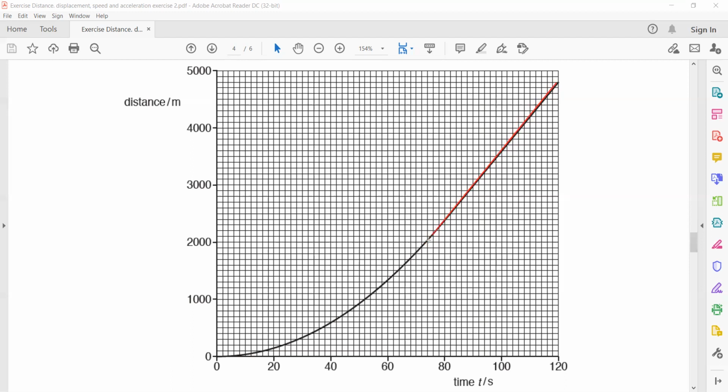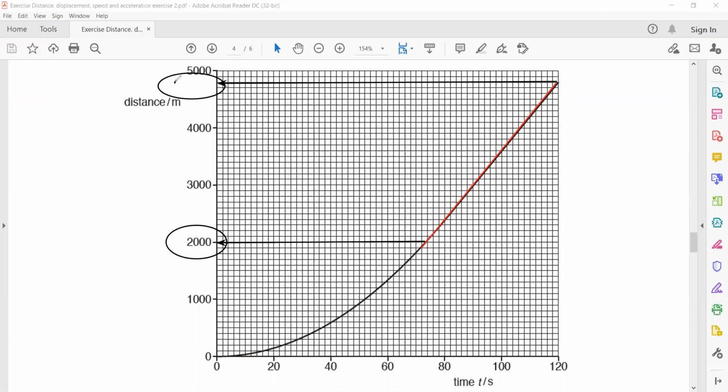When the speed is constant, for example, one of the distances in the constant region I took is 2000 and the second distance is 4,800.